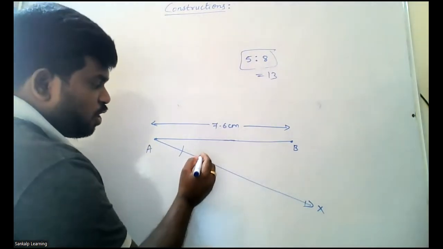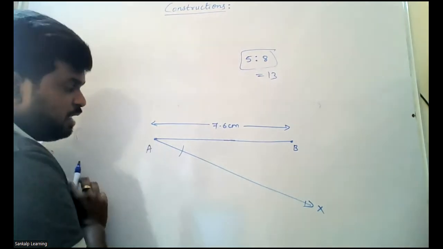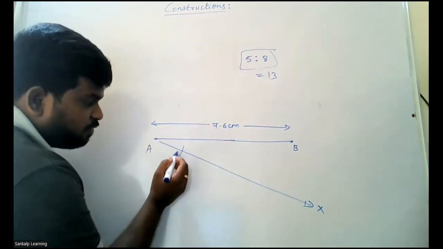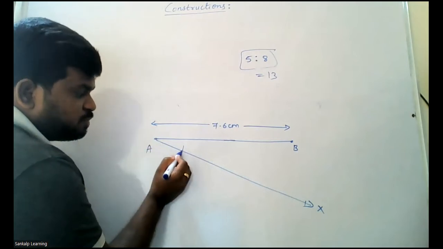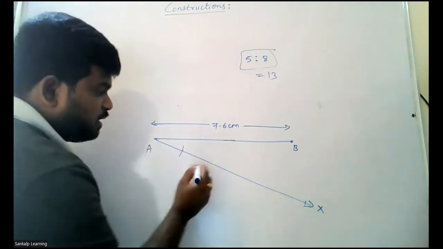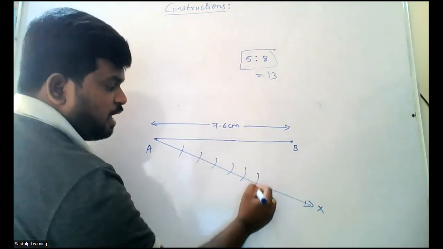Like this, you're going to cut 13 arcs. From this point as the center, keep the needle here and cut an arc. Again, from this point, with the same measurement, do not alter it, cut an arc. Like this, you're going to cut 13 arcs.